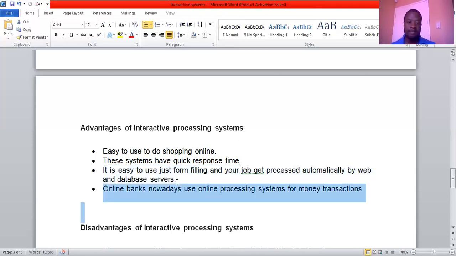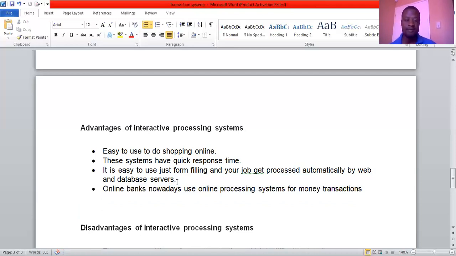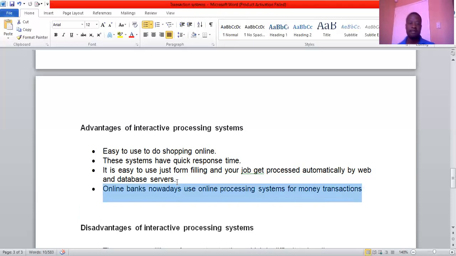Online banks nowadays use the online processing system for money transactions. If you are sending money to someone through the bank, it doesn't take a lot of time.